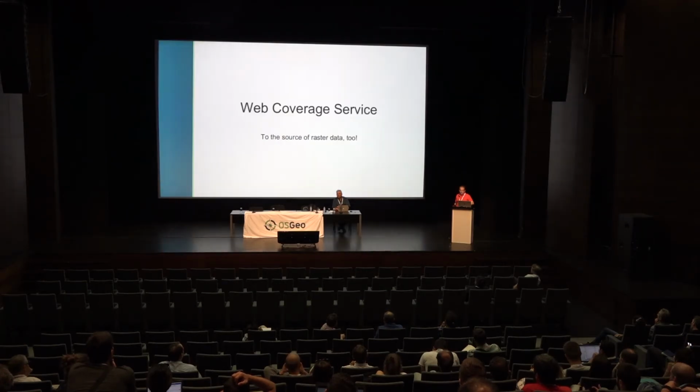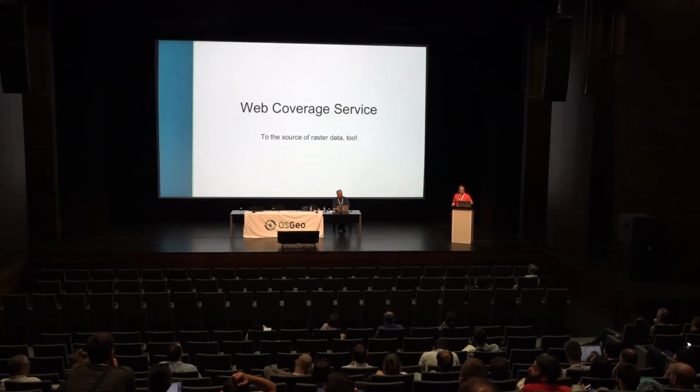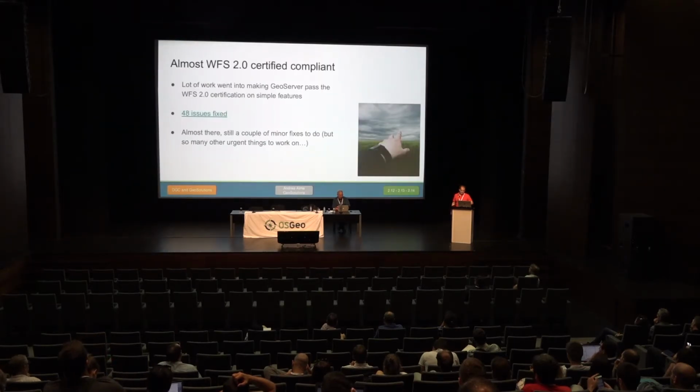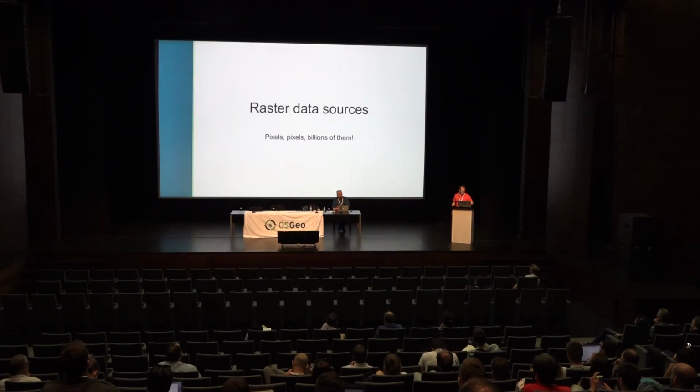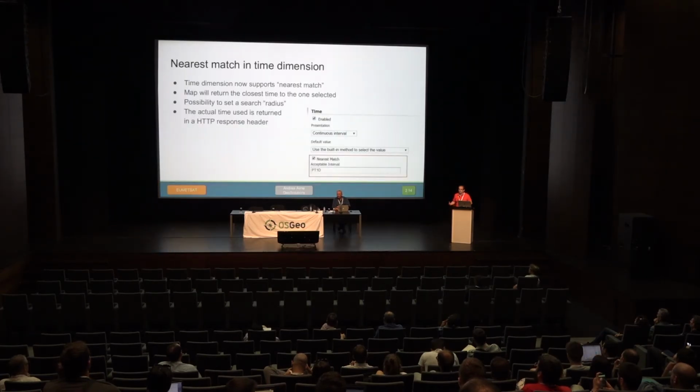No, that was the improvement. Now you can use multiple rasters, and they can actually be in different coordinate systems. So let me try to find it. I don't know this presentation very well, so I need to look for it. Yeah, so basically the idea is that you can have multiple raster files, and then you can create a coverage view like you would do with an SQL view.